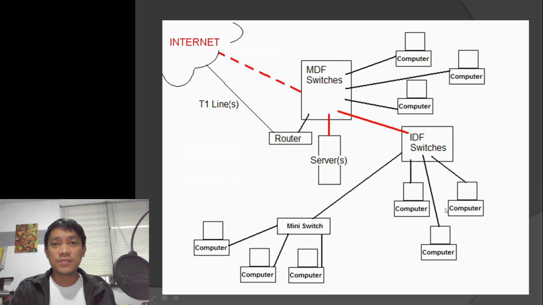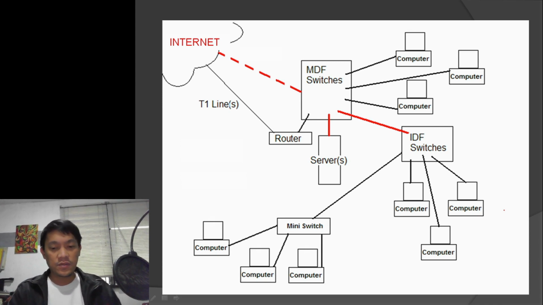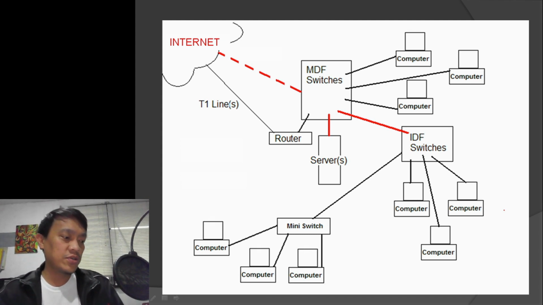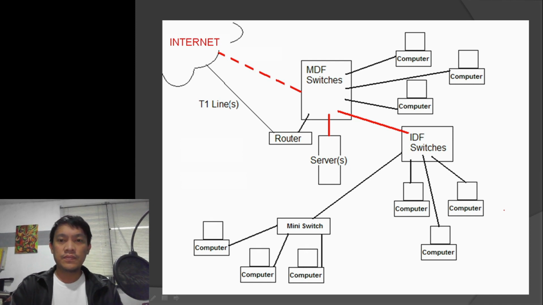Okay, as you can see, this is some basic connectivity. You have your internet connection here.